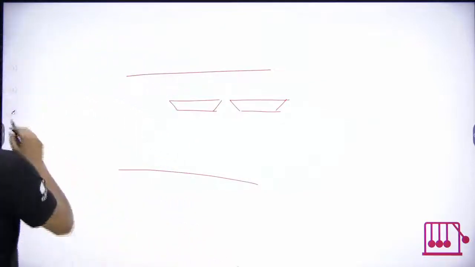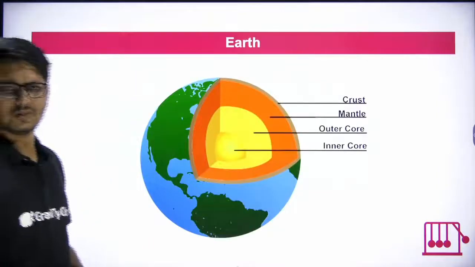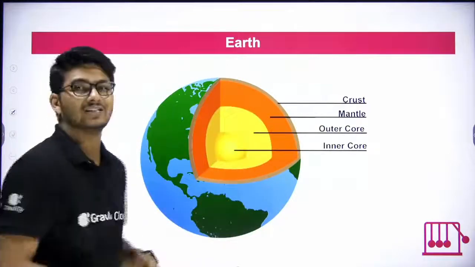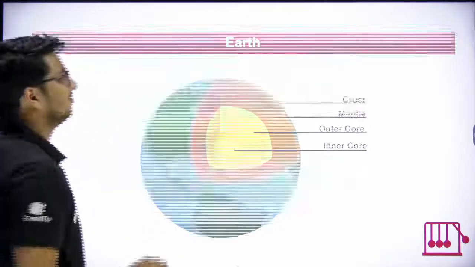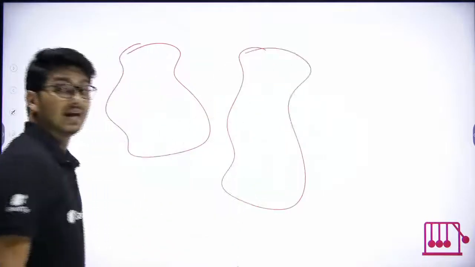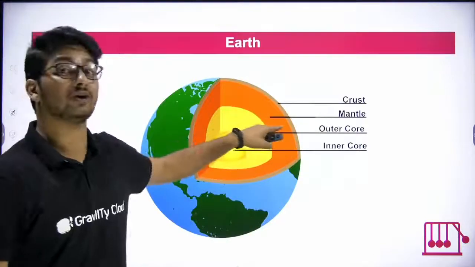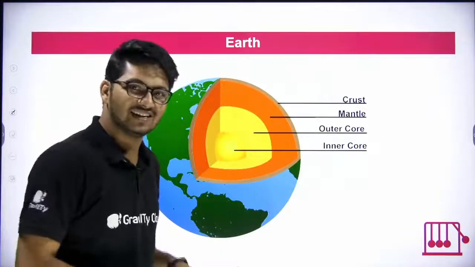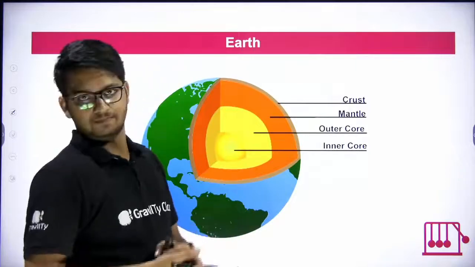What exactly happens is, if we come back to the crust, the crust is not continuous. Crust is in fact made up of different parts, and all of them are floating on the mantle.